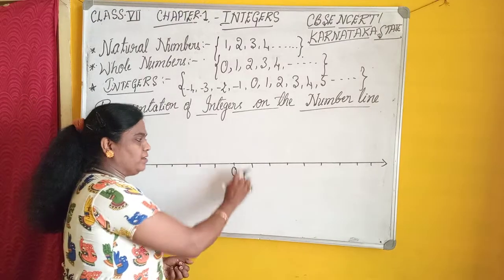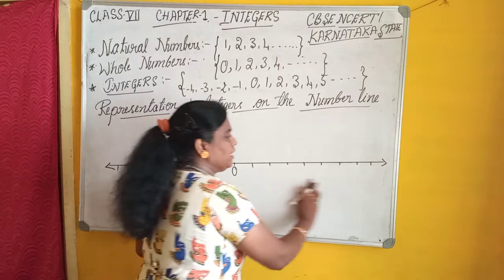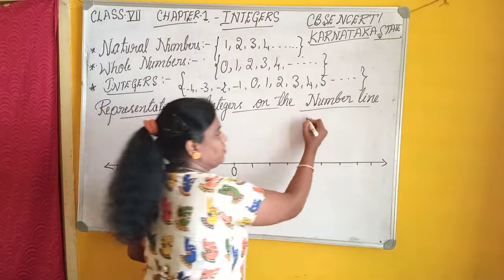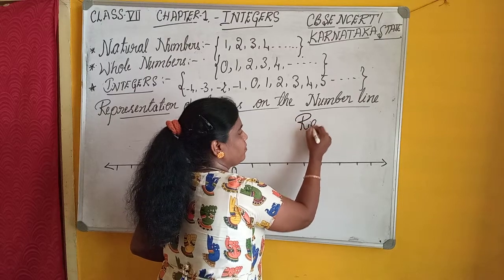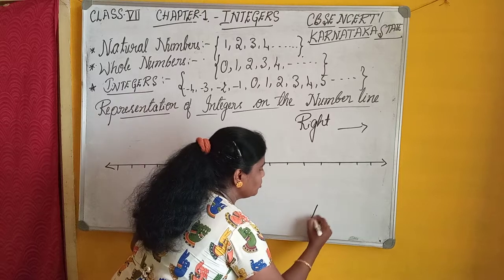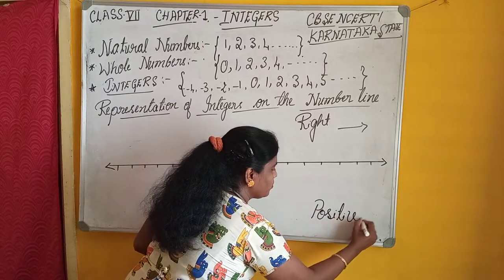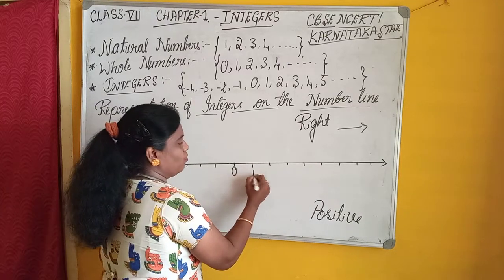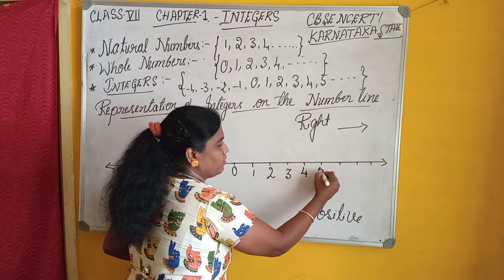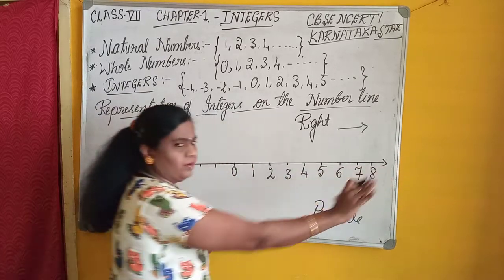The 0 is at the center of the line, and on the right side of the 0 we are writing the positive integers: 1, 2, 3, 4, 5, 6, 7, 8 and it goes on.